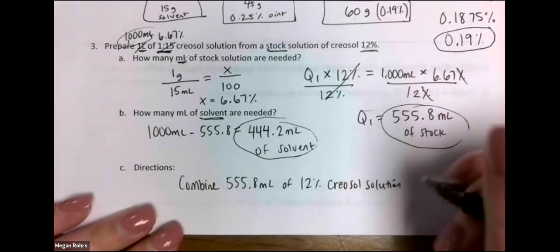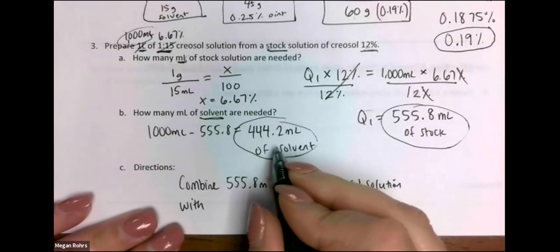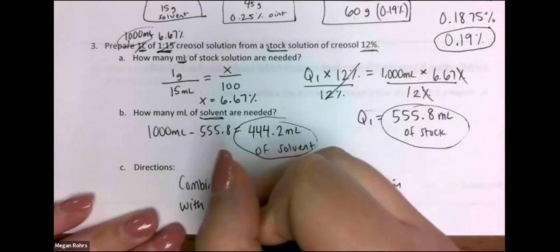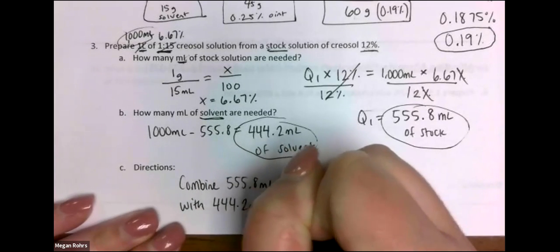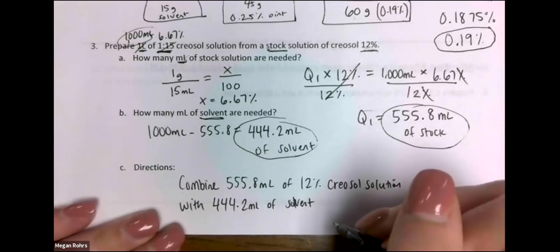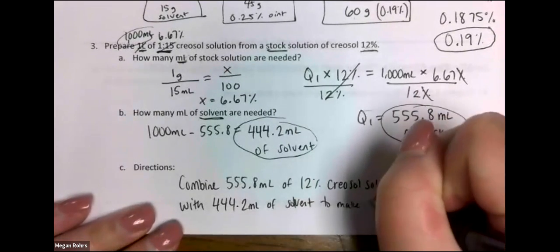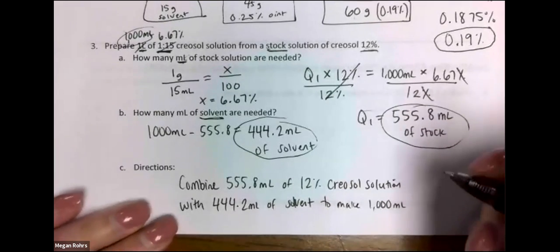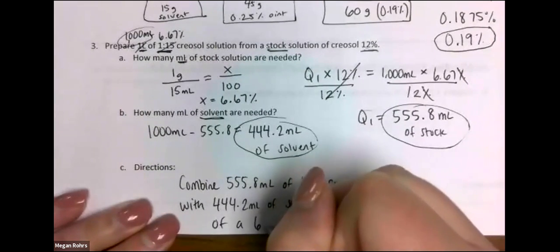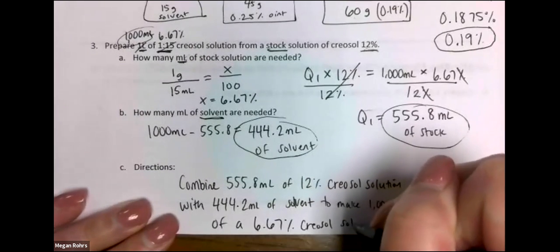We're going to combine that with 444.2 mils of solvent. They don't specify what our solvent is, so we'll just leave it at that. To make what we're trying to prepare, to make 1,000 mils of a 6.67% cresol solution.